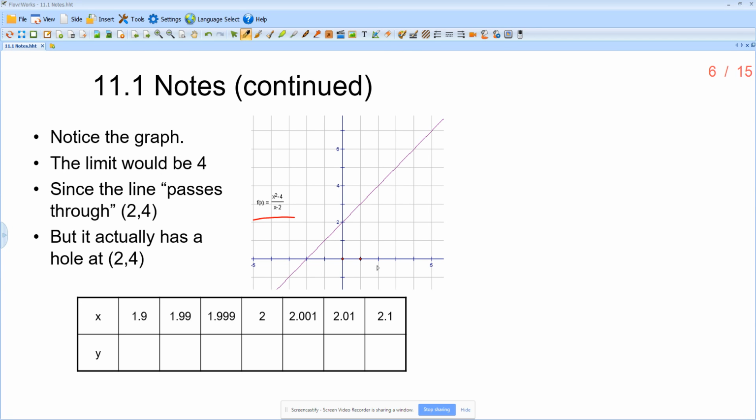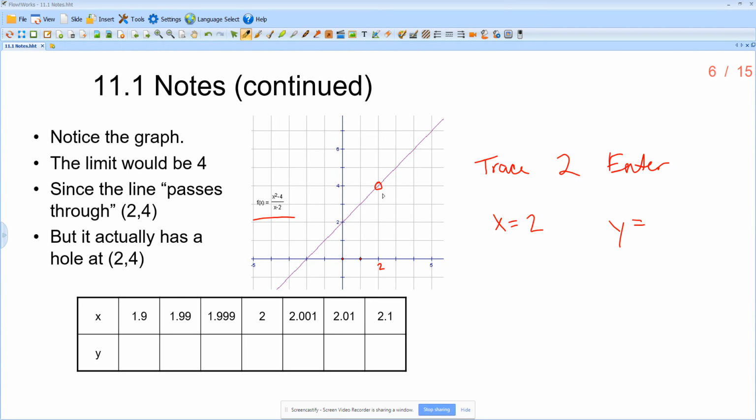If I go to x being 2, I know that there's really a hole in this graph. The calculator isn't going to show me that hole, but if you do graph this, you can hit trace and then 2 and enter. And you're going to see on the bottom of the screen x equals 2, y equals, and it won't say anything because there is no y value at 2.